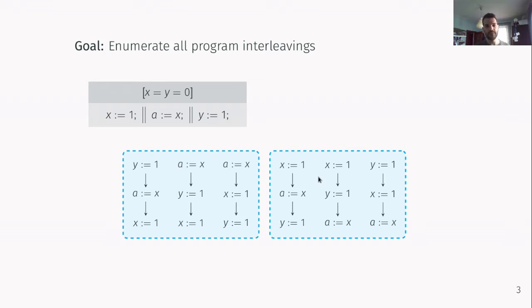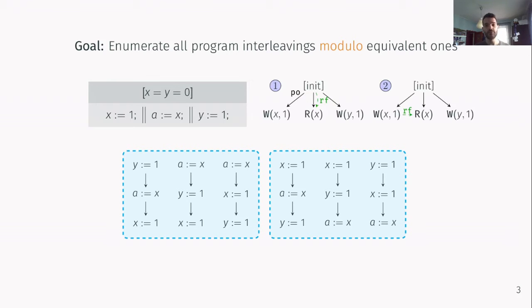So we can restate the goal of stateless model checking to be to enumerate all program interleavings up to some equivalence partitioning. So the only question that remains to be answered is how to best model these equivalence classes. And we can actually do that very concisely and elegantly using what are called execution graphs. The nodes of these graphs correspond to instructions of the program.